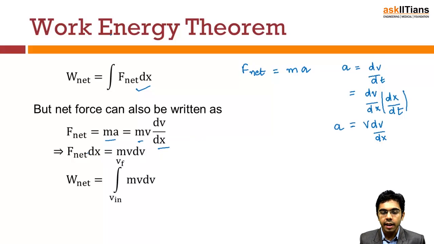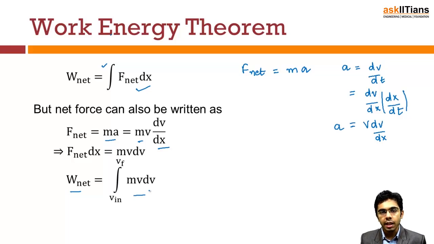So hence we can write F net dx is equal to m v dv upon integration. To find the total work done, we have to integrate. So work done net is equal to the integral of m v dv. Since the integration is now with respect to v, we have to take the limits, the initial speed and the final speed.